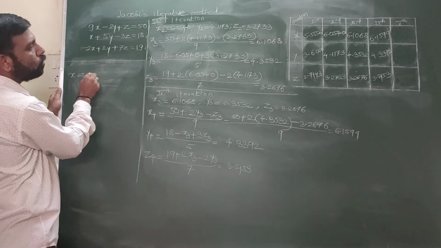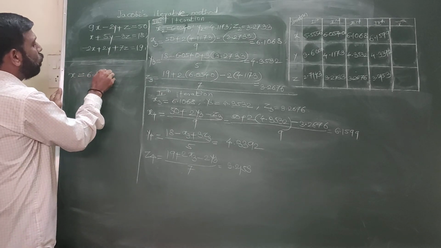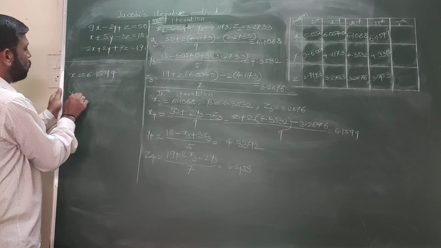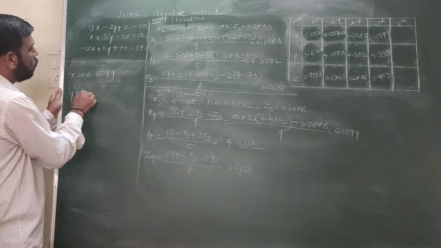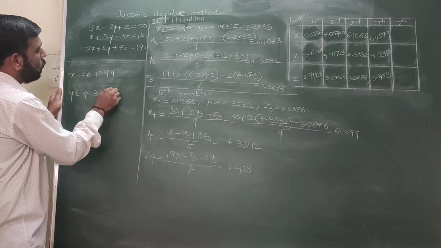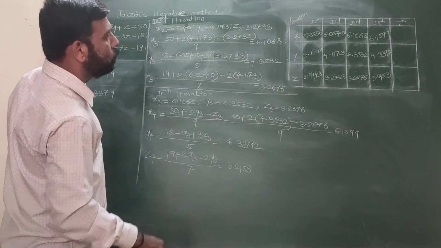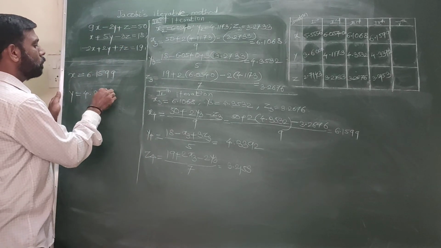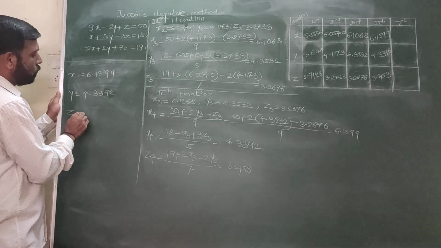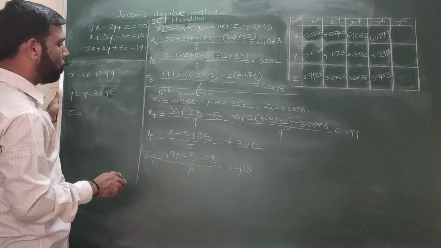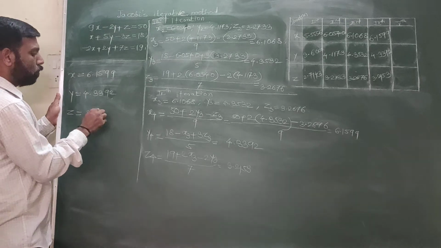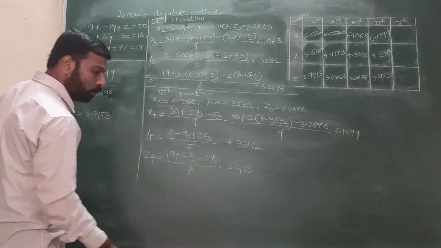So x equals 6.1599, the value of y is 4.3392, and the value of z equals 3.2153.